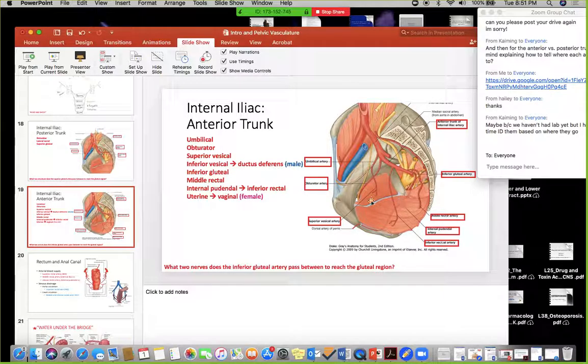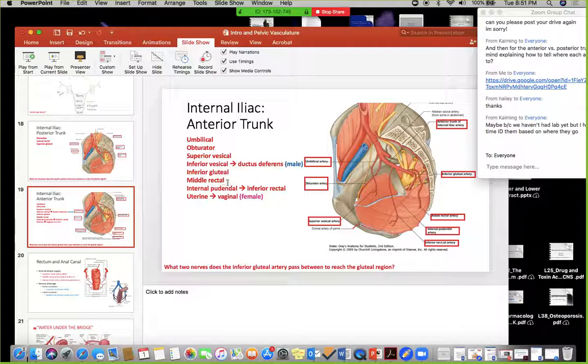Obviously they're not showing the bladder here, but in theory, it would be running to the superior portion of it. And then the inferior vesical comes down beneath the bladder to supply the inferior portion. This is typically associated with the male because a lot of times it gives off a branch to the ductus deferens, so I believe it's called the artery to the ductus deferens.